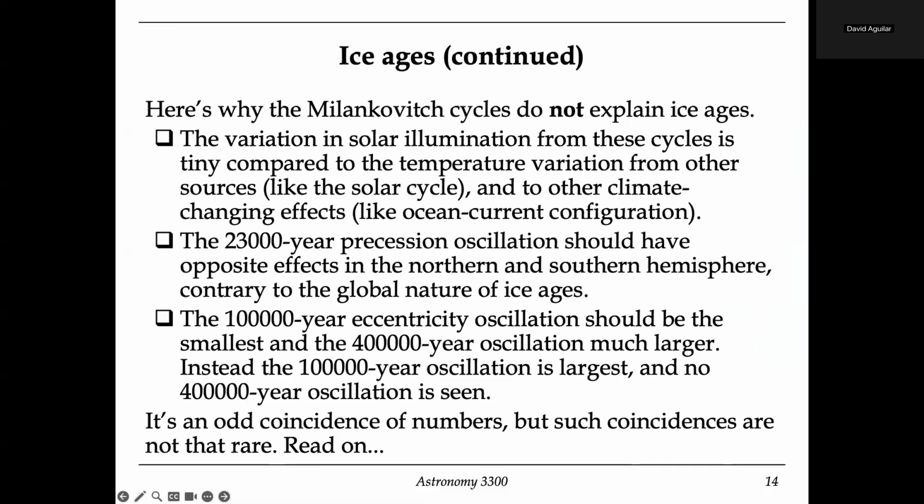The variation in solar illumination is tiny compared to the temperature variation from other cycles like the solar cycle. Okay, what's the solar cycle? Does anyone remember? You ever talked about this? So the sun changes its activity, not how bright it gets, but how many geomagnetic storms occur.